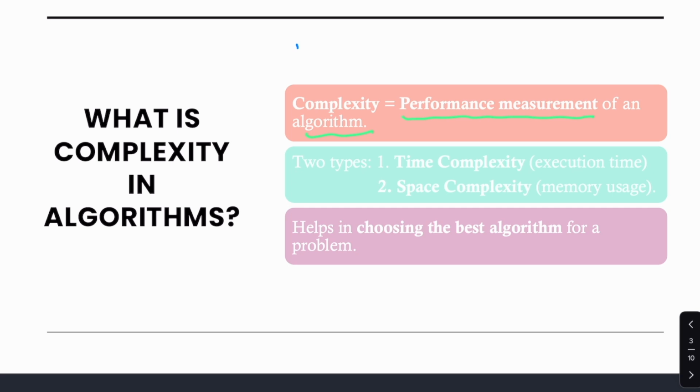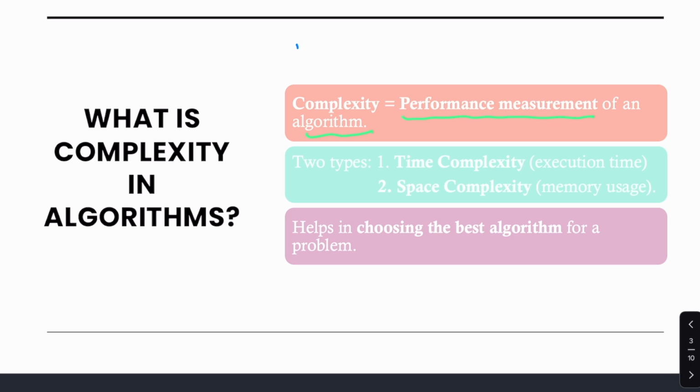When we write a program, we want our program to be faster and memory efficient. So complexity refers to how efficiently an algorithm performs in terms of time and space as the input size grows.